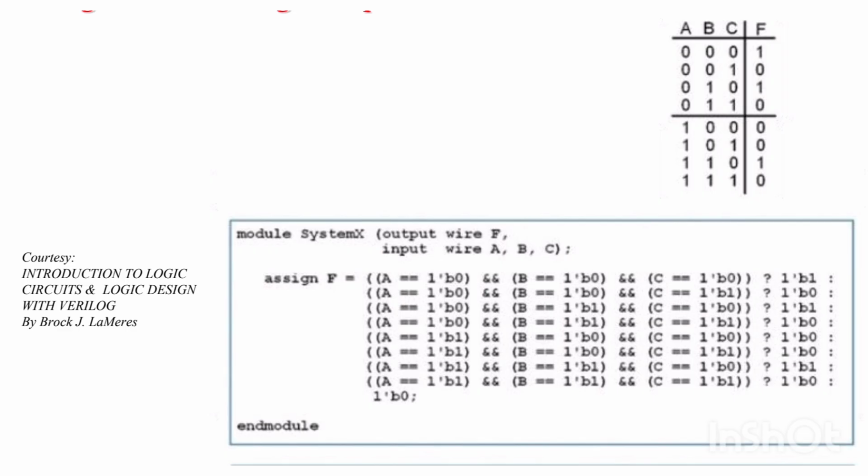Now another problem, let's see how to write Verilog code for this. Here a truth table is given, and A, B, C are the inputs and F is the output.